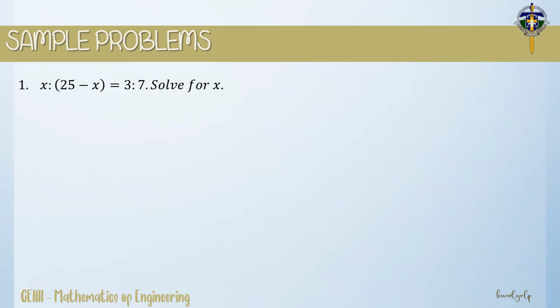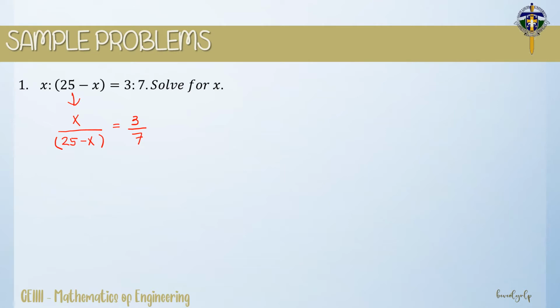So going back to this problem, we can also write this one as x over 25 minus x is equal to 3 over 7.